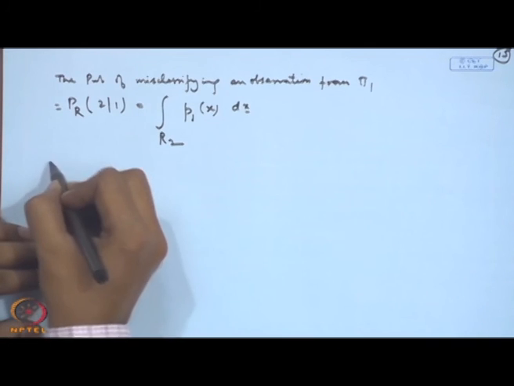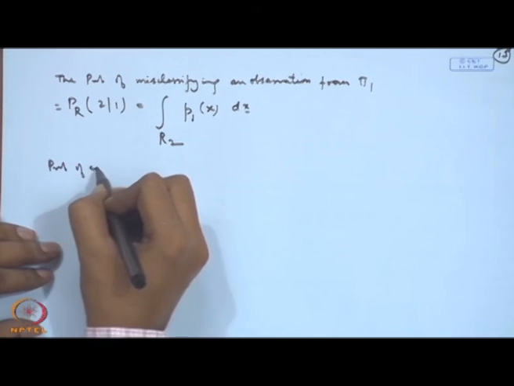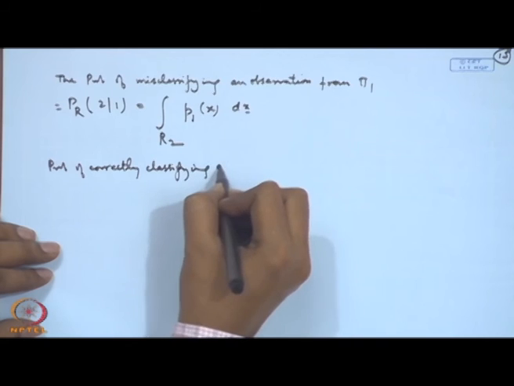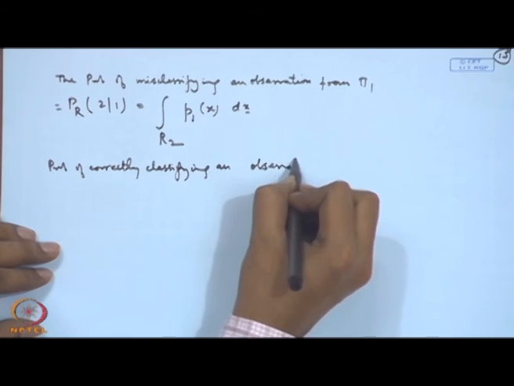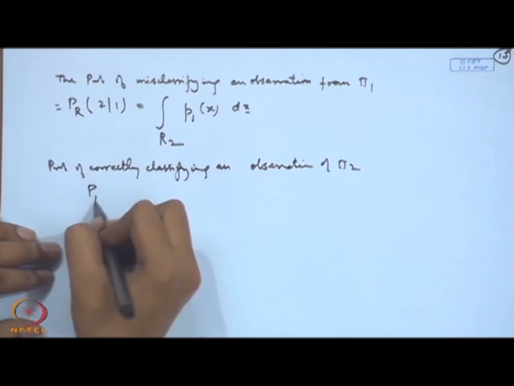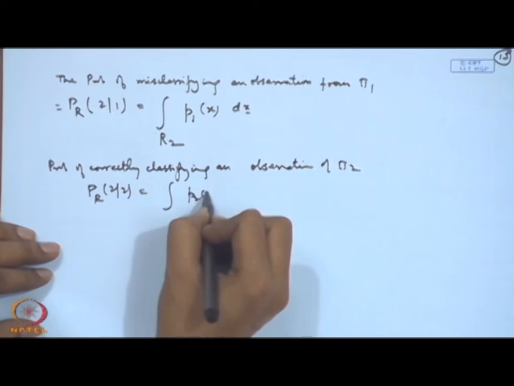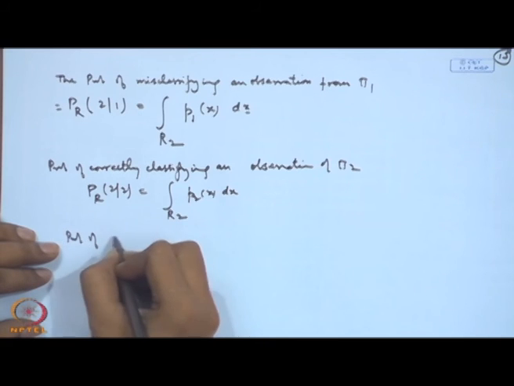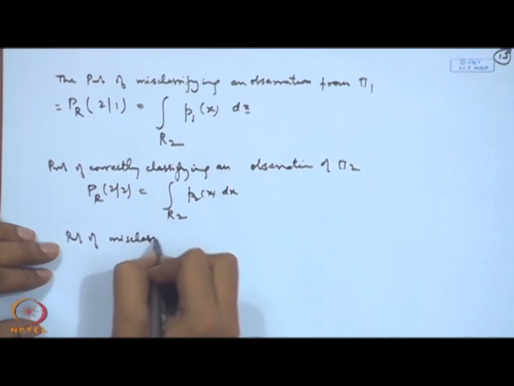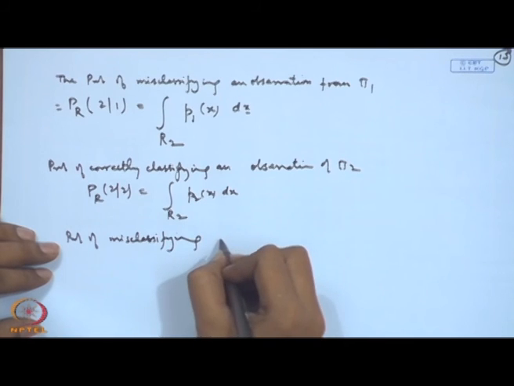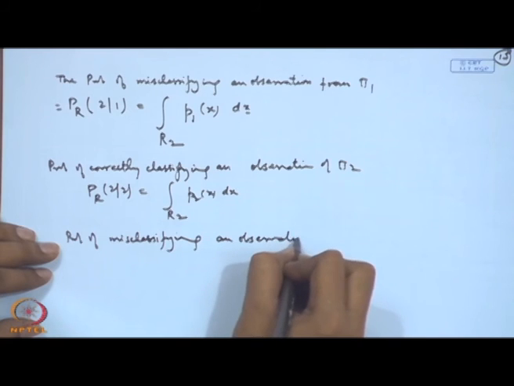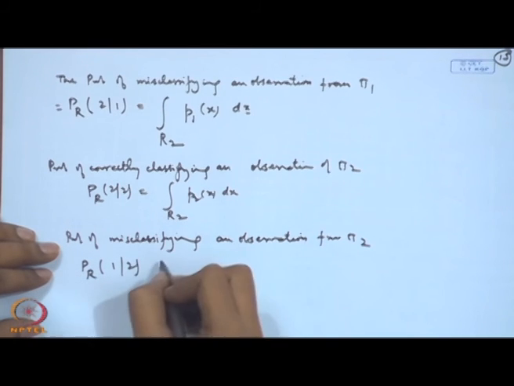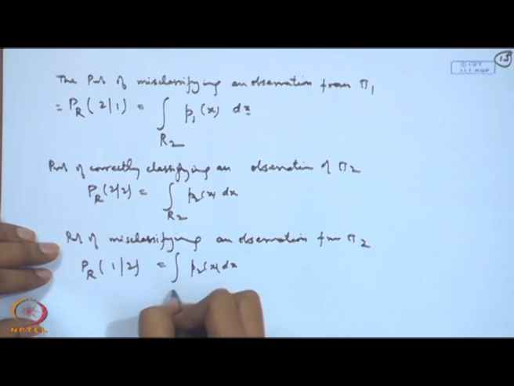And in a similar way, we have the probability of correctly classifying an observation of pi 2, that will be P r 2 2, and the probability of misclassifying an observation from pi 2, that we will write as P r 1 2, that will be integral P 2 x dx over R 1.